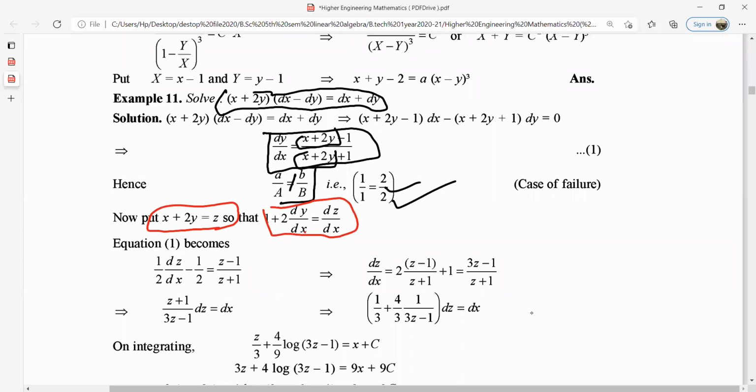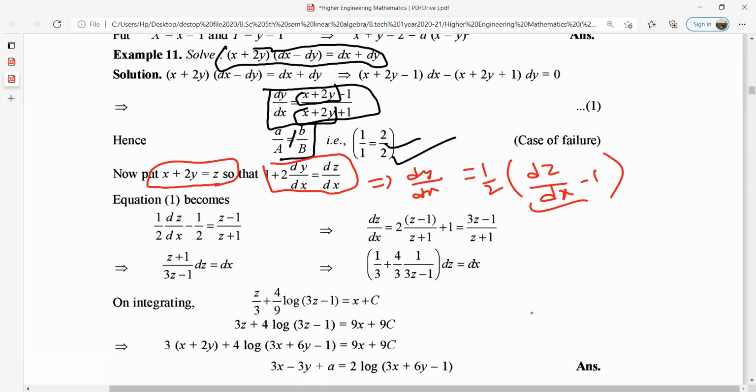What is the value of dy by dx here? It is 1 by 2 into dz by dx minus 1. So putting the value of dy by dx equal to this and putting x plus y equal to z, this equation becomes like this. After that, simplify this equation.